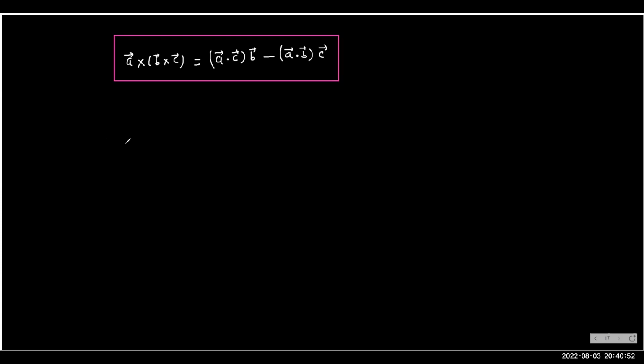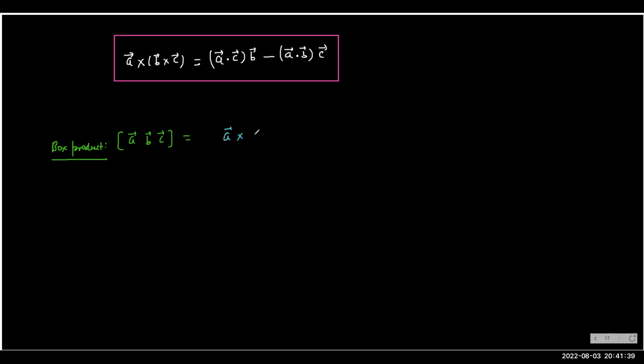Yeah, so the box product. If you remember the B cross C, it is A dot B cross C. So how do we write B cross C? Let me just show you like this.